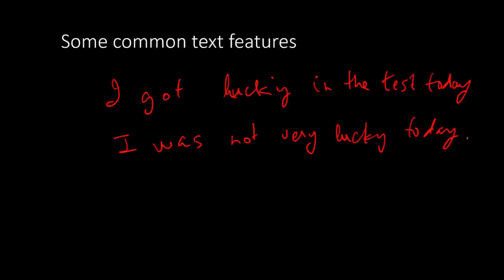Some common text features that we can extract, the first one is just a histogram of words. What I mean by that is, let's say we have a dictionary. We can start with a and the, but a and the usually don't matter because they are in every sentence and they don't really help you figure out the emotion of the sentence.